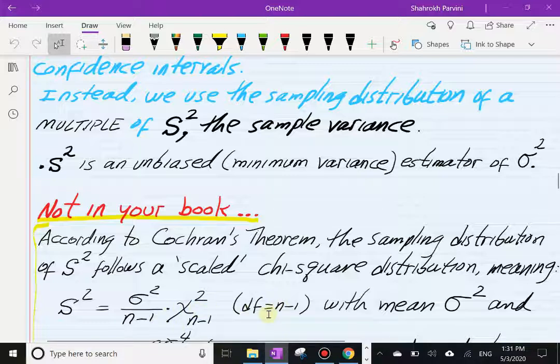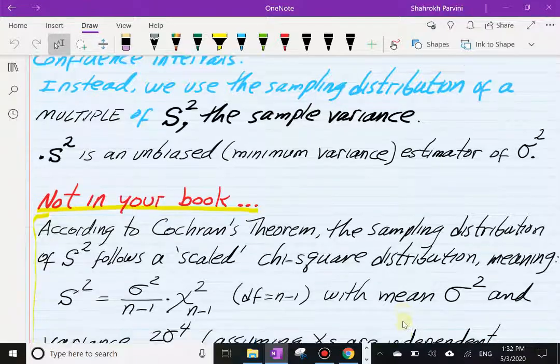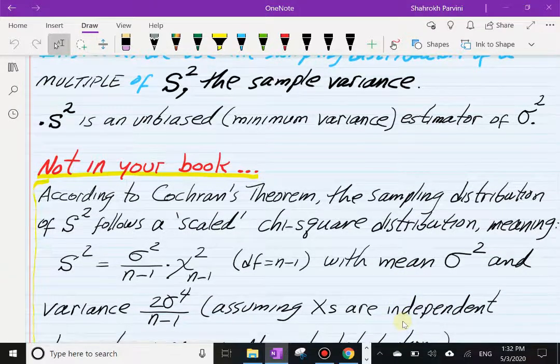So its sampling distribution is going to be chi-squared. Now, the center of the sampling distribution of this multiple of a chi-square would be sigma squared. That's what makes S squared an unbiased estimate, because the mean of the sampling distribution is sigma squared, the parameter we want to estimate. And the variance of it is given by 2 sigma to the 4th over n minus 1.